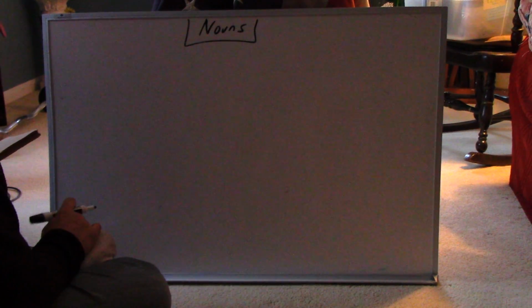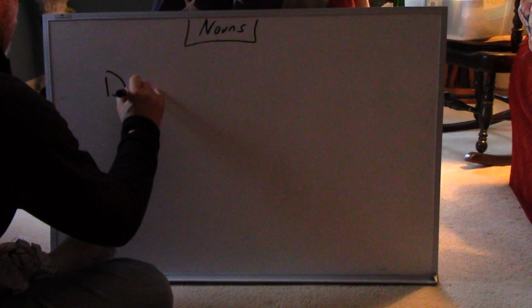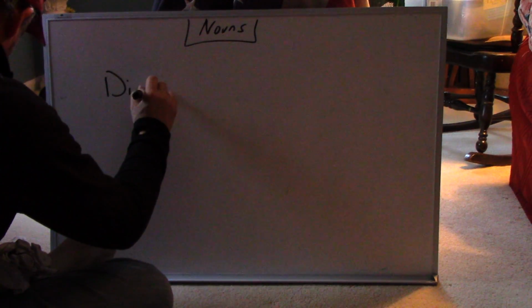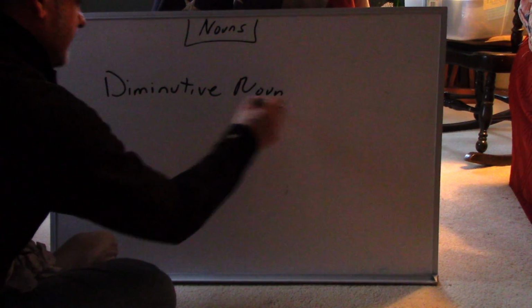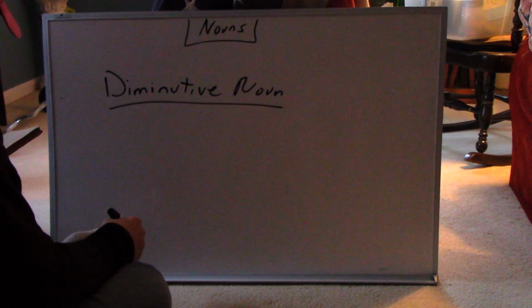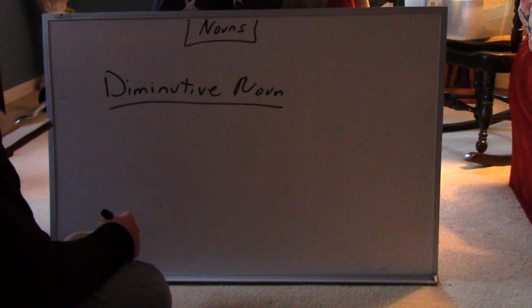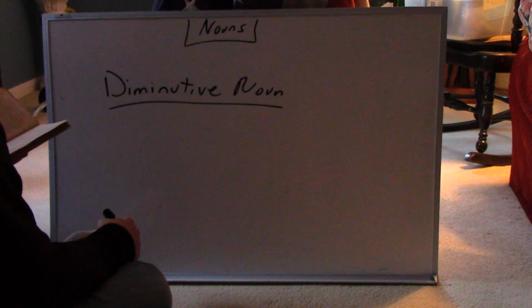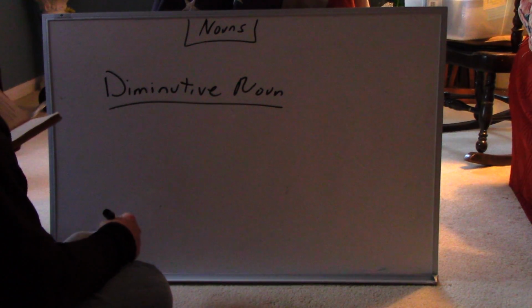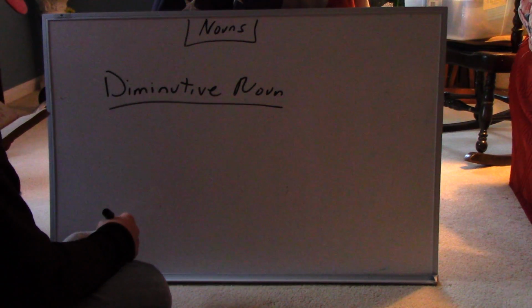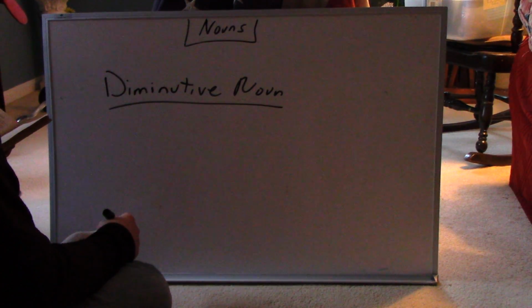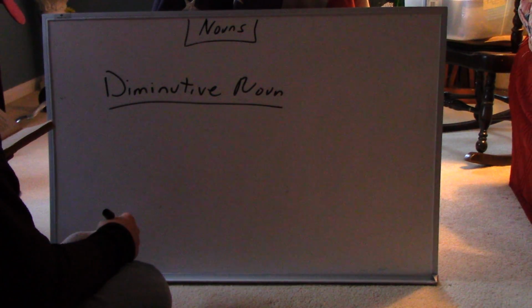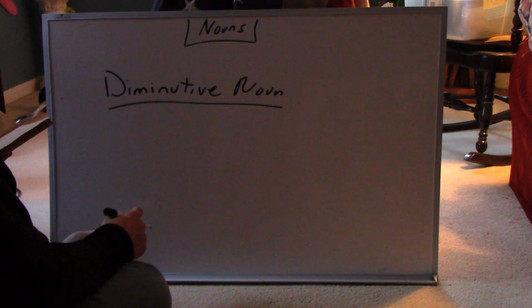Okay, another one here is, this is one probably you never heard. Diminutive noun. This is kind of old school, but I love old school. A diminutive noun is a derivative word used as the name of an object which is smaller than that denoted by the primitive word, such as, oh, this is interesting.